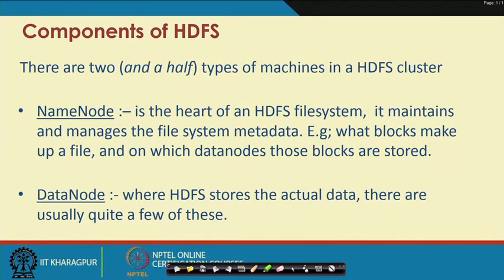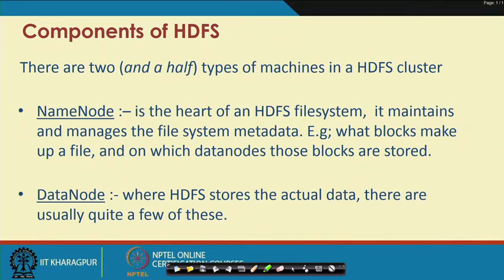It maintains and manages all the file system metadata. We will look at what metadata it manages, but mainly, for a given file, it stores which blocks constitute the file and on which nodes these blocks are stored, and so on.